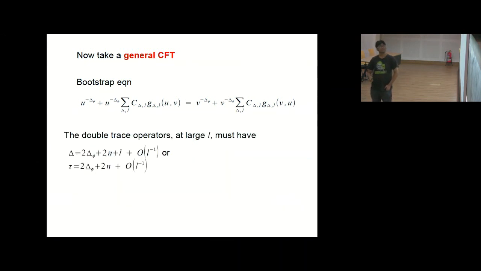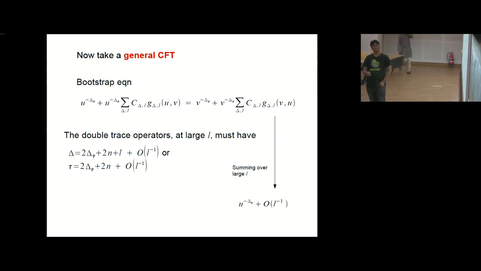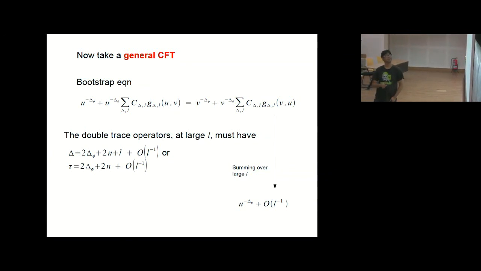So basically the claim means that double trace operators at large spin must have dimensions which approach this value. And after I sum over these operators in the T channel, I will get the leading term.